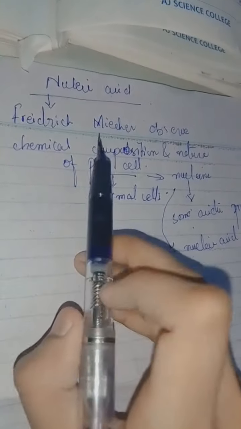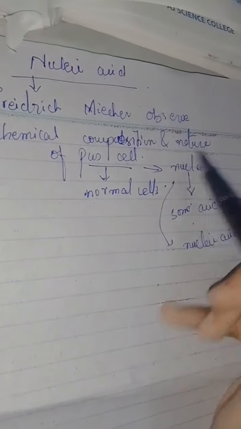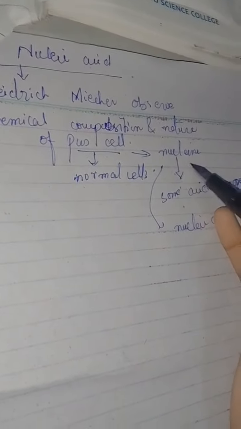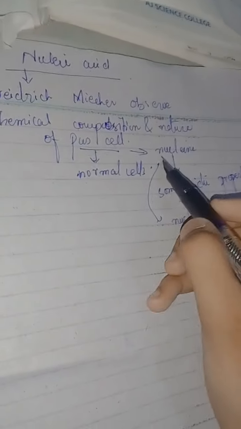That's how, first of all, he was studying the chemical composition and nature of pus cells, and then he observed that they are quite different from normal cells, so he named them nuclein. Then he observed acidic properties in it, and renamed nuclein as nucleic acid.